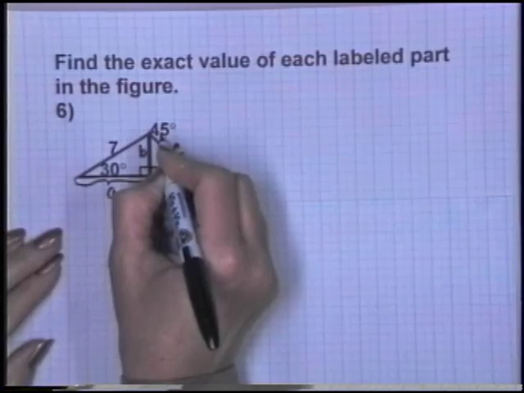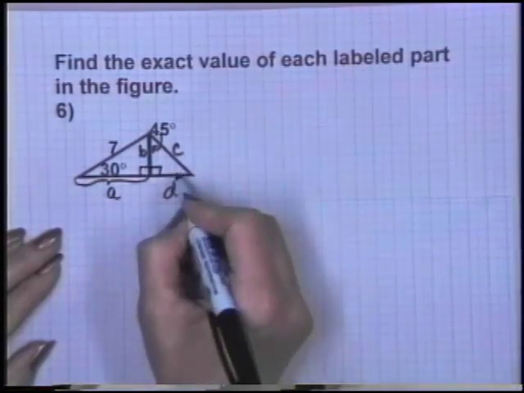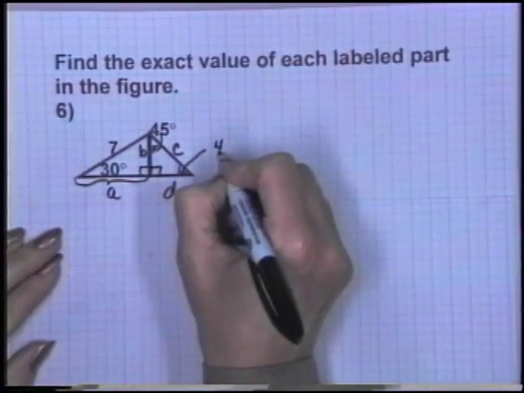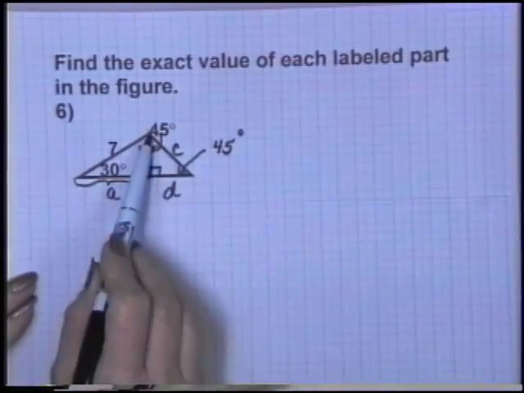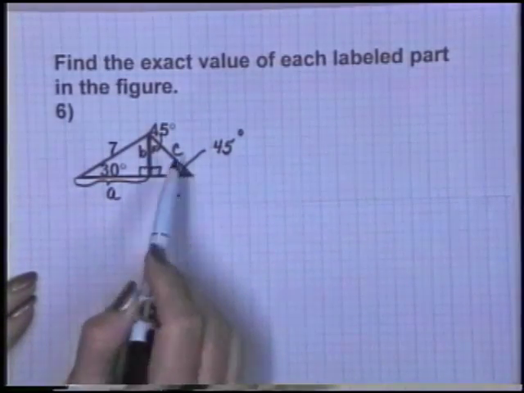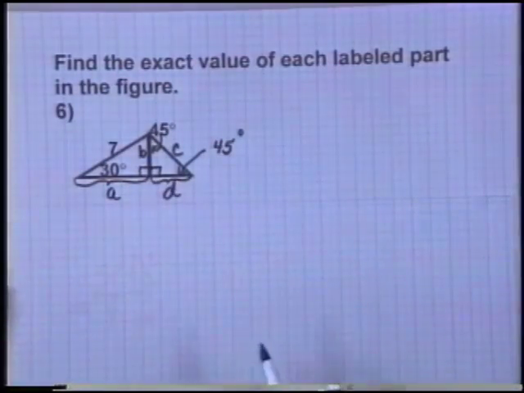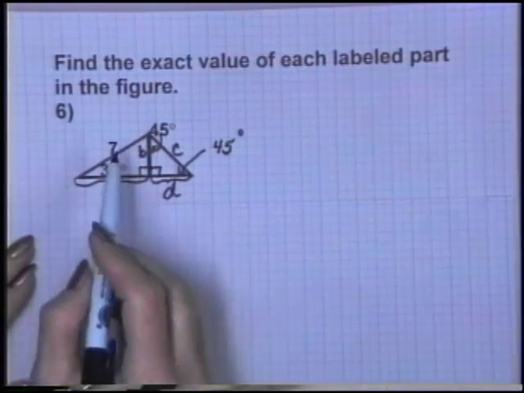The difference is, though, that for this right triangle, and I couldn't fit it in there, this angle is 45 degrees, which, of course, what does that make? That angle right there, well, it's also 45. And so then I'm supposed to find the hypotenuse here, and I'm supposed to find this leg, which is leg D. So let's see what I have to work with.